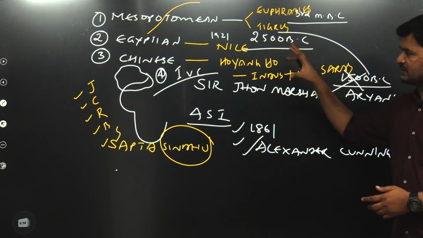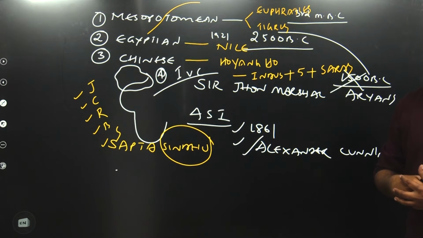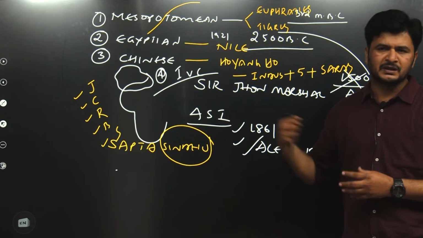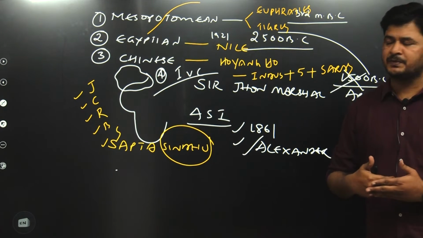So in the 3rd millennium BC, we found 4 contemporary civilizations. Contemporary in nature. Why are we emphasizing contemporary?